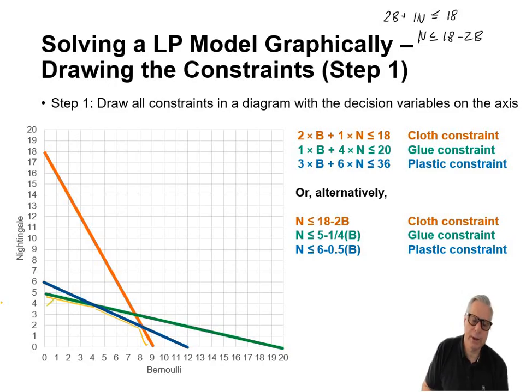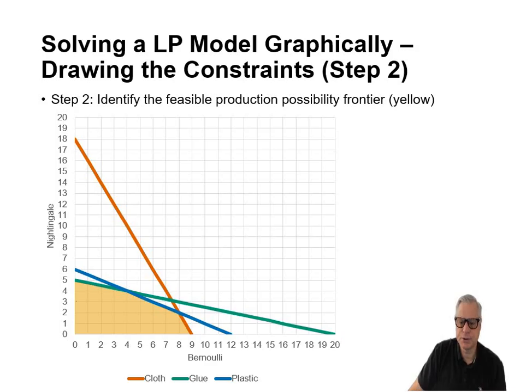So this area here is the area of feasible production, and you can see that a little bit nicer on the next slide. So that's pretty straightforward. So the production possibility frontier is given by the first point that you reach if you go up at any x.